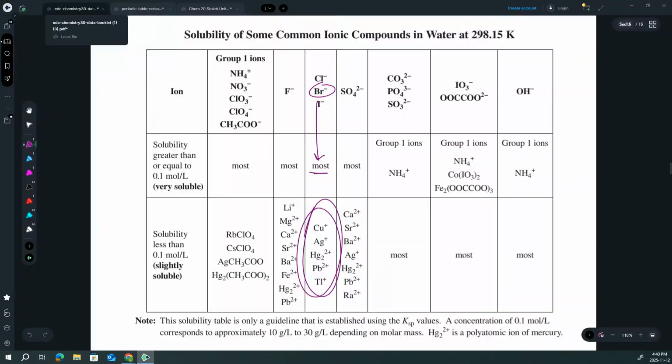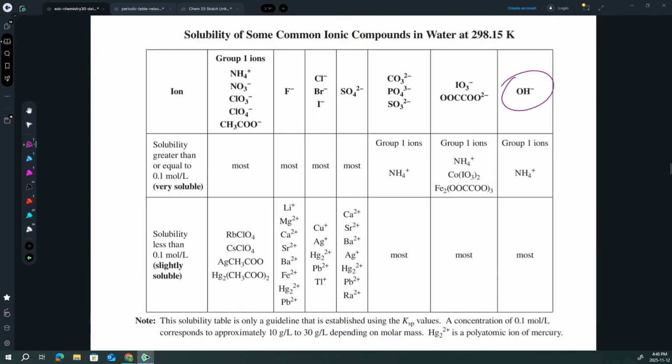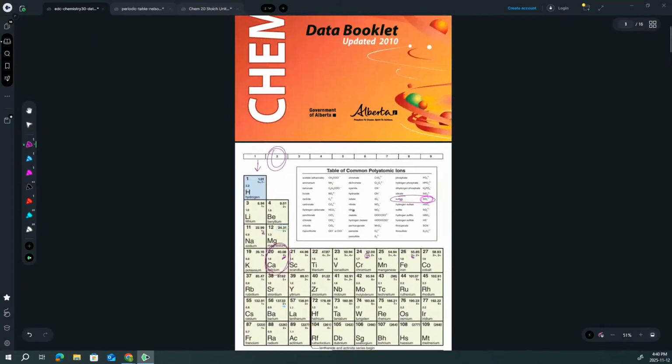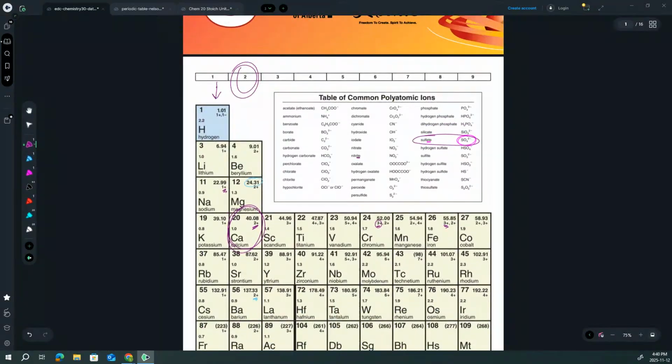Now, sodium hydroxide. Let's figure out what its solubility is. So hydroxide is right here, and it says group 1 ions. Sodium is a group 1 ion. How do I know that? Well, if I take a look at this, group 1 is right here.